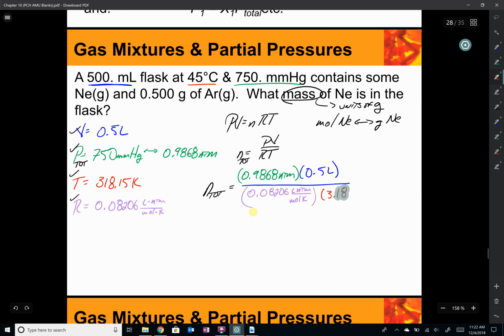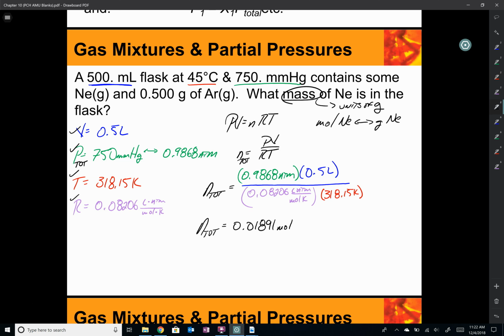Whoops. Sorry, I put my decimal in the wrong place there. Not 3.18, but 318.15 Kelvin. All right. And if I solve that out, I got n total is equal to 0.01891 moles. So the total amount of moles in my flask is 0.01891.